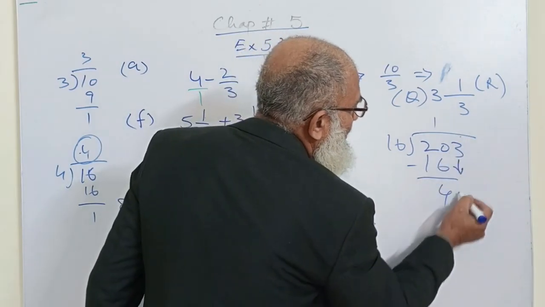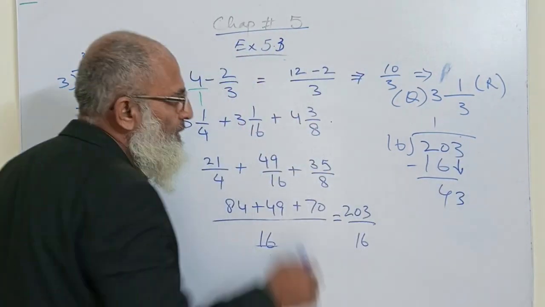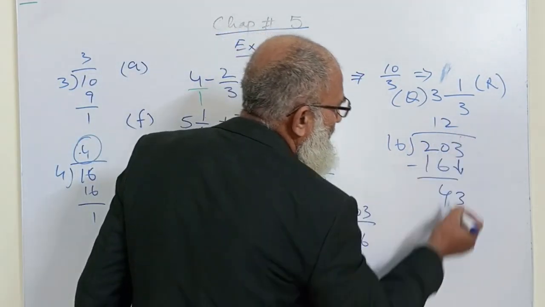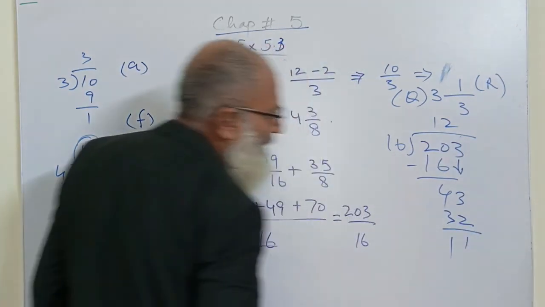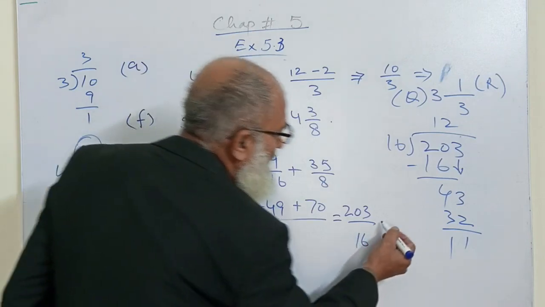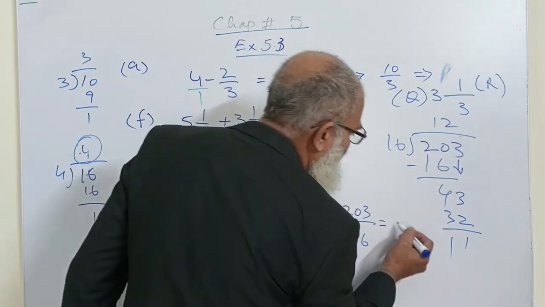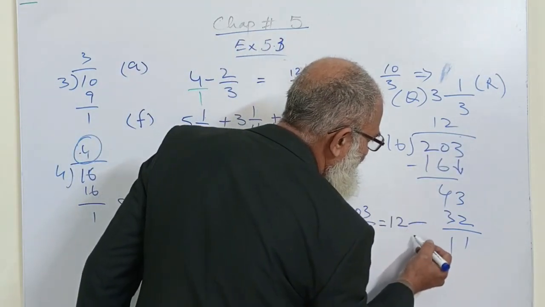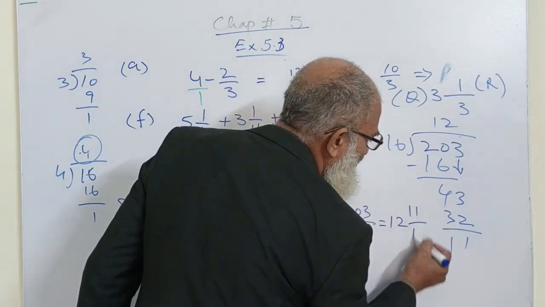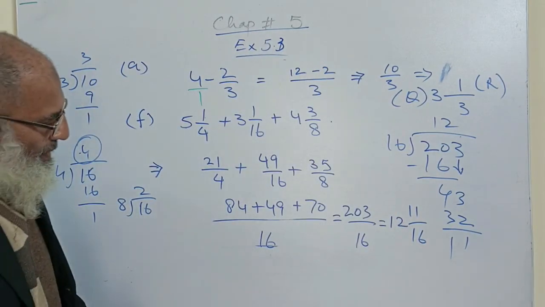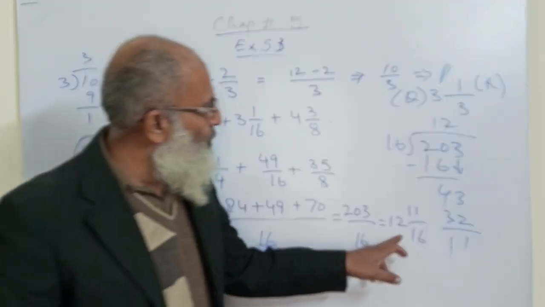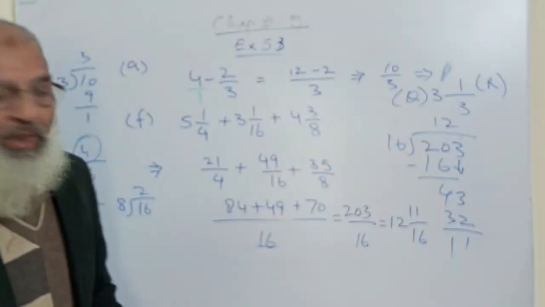And 3 came more. 3 times is not possible, so it is 2 times 32, and 11 remains. So what will be the answer? Write the quotient, then the remainder, then the divisor. So 12 whole 11 upon 16 will be the answer.